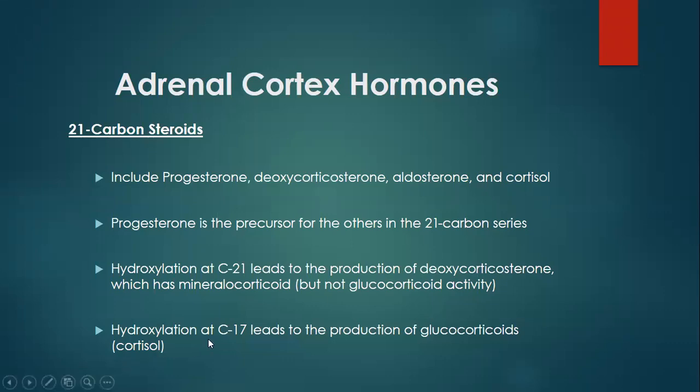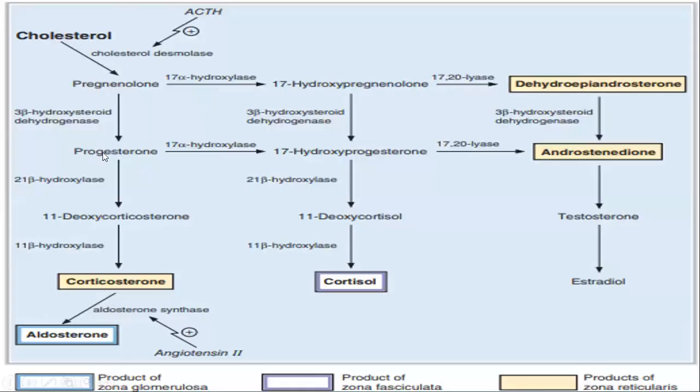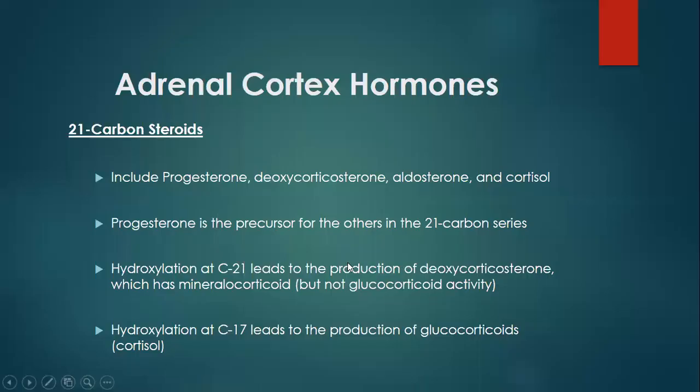Hydroxylation at C17, okay, when progesterone is acted upon by 17 alpha hydroxylase at this 17th carbon, it produces 17-hydroxyprogesterone, which is converted into cortisol. Cortisol in turn has glucocorticoid activity.